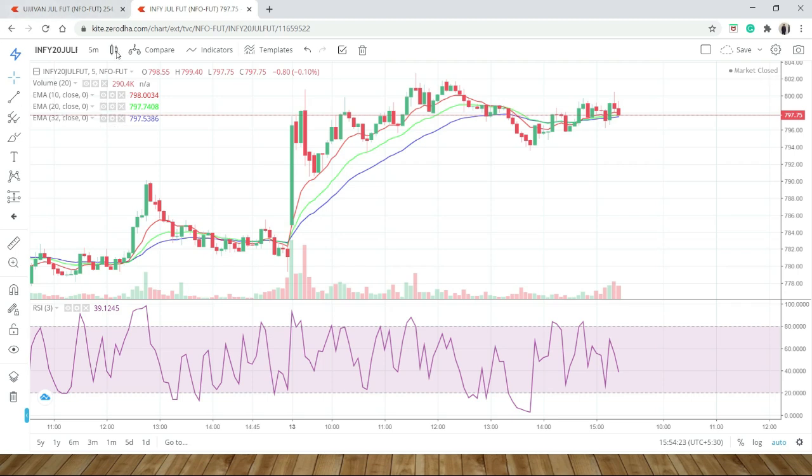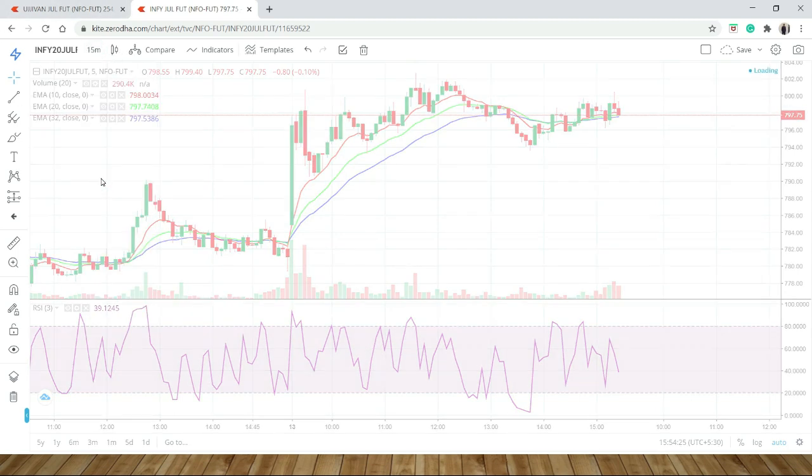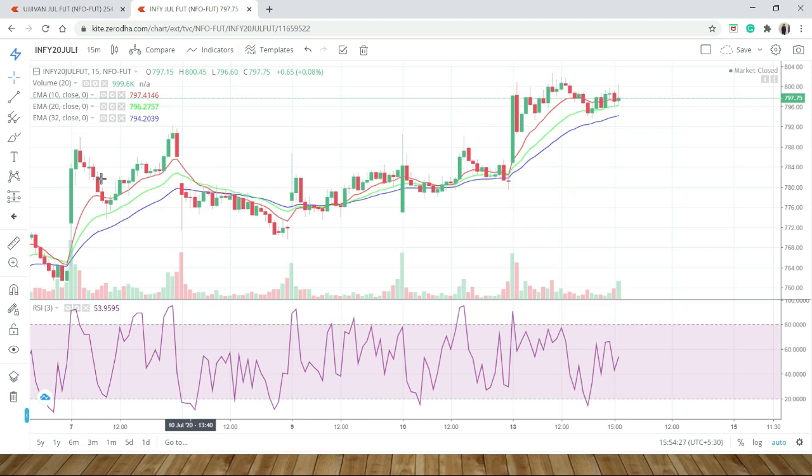In a stock future, my time frame is 15 minutes, and in an index you must use a time frame of 5 minutes. So over here the closing price is 780 and it is a gap up of around 1%. Let's say it opened at 784. It is a minor gap up, but you can see the gap up is there, a big candle is there, and the moving averages are going upward.